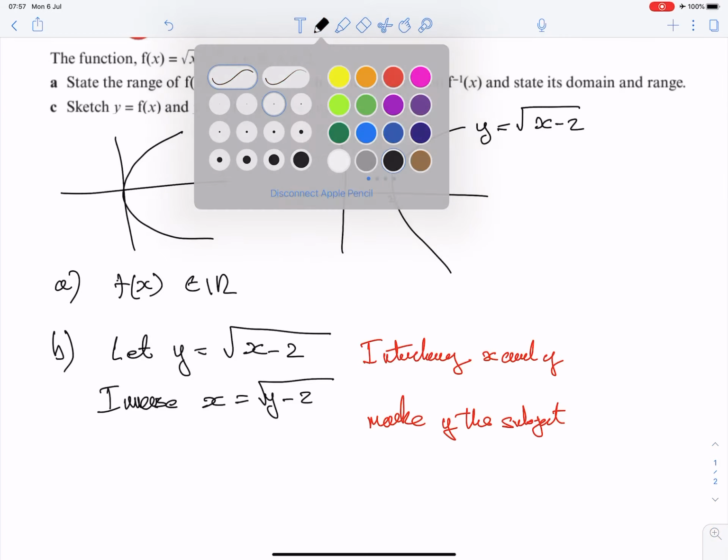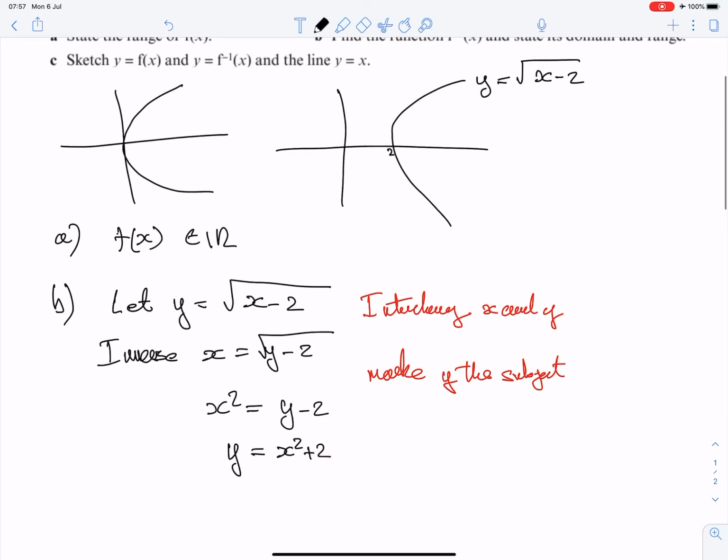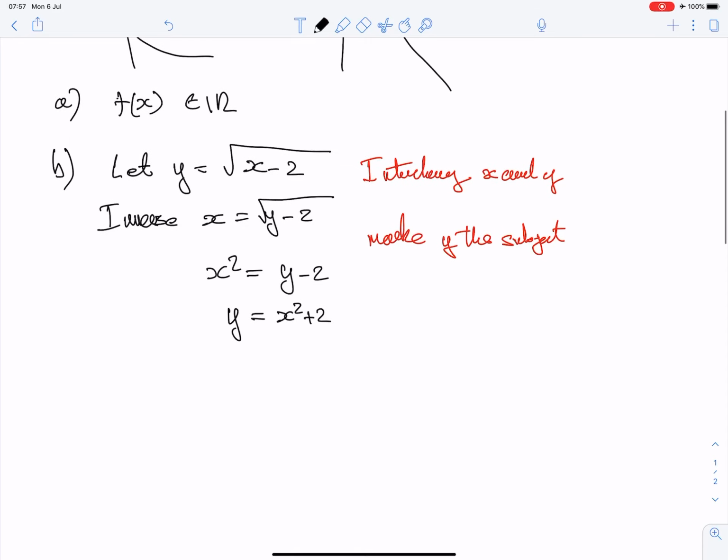So we get x squared equals y minus 2, so y equals x squared plus 2. So writing it in the proper form, f inverse of x, because we were given that notation, is equal to x squared plus 2.